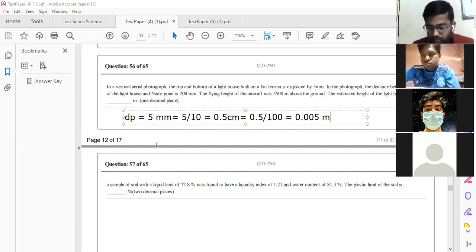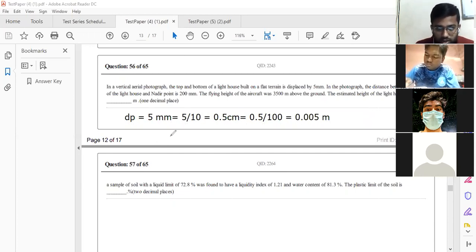Okay, now in the photograph the distance between the top of the lighthouse and the nadir point is 200 mm. Okay, so this is where r actually comes in. So 200 mm, again convert this to meter, so 10 and 100.